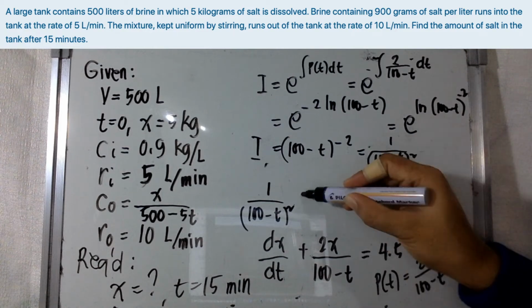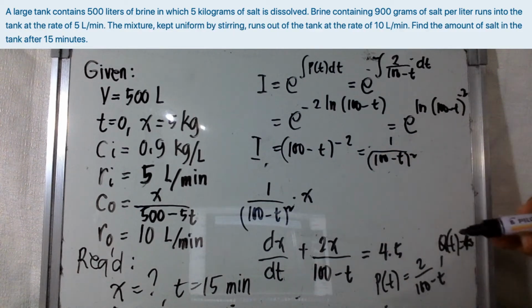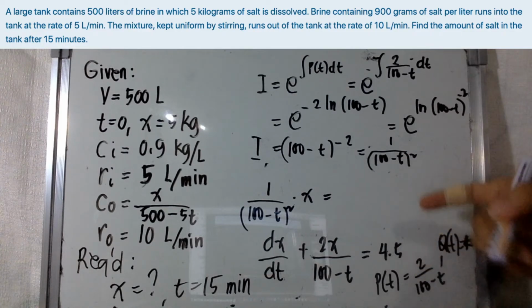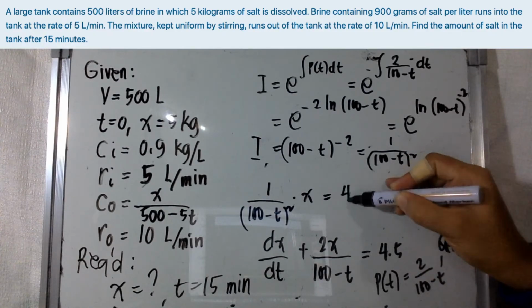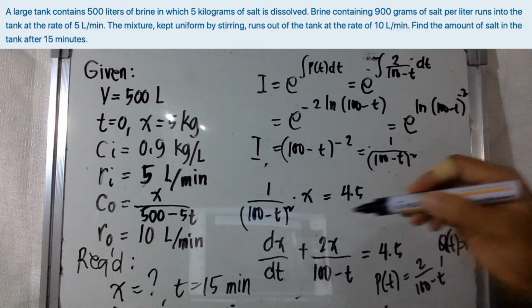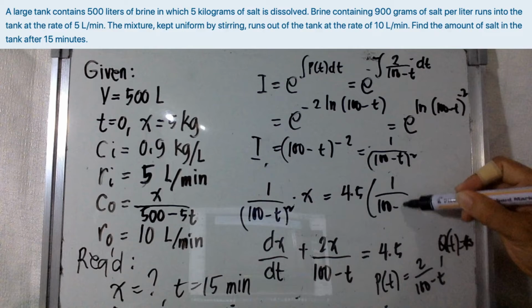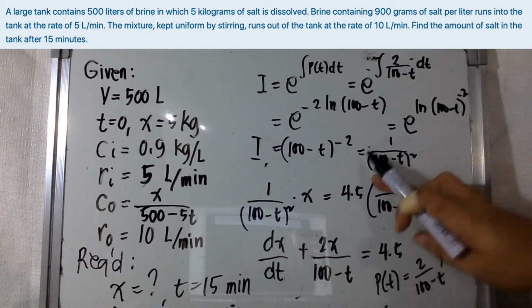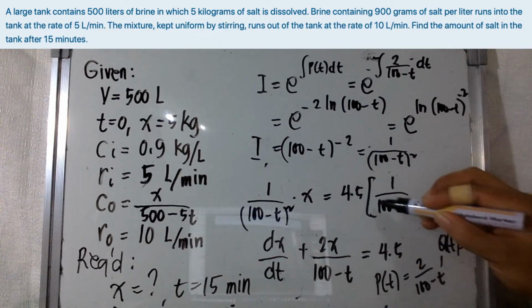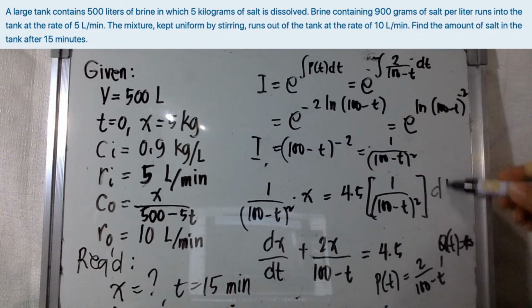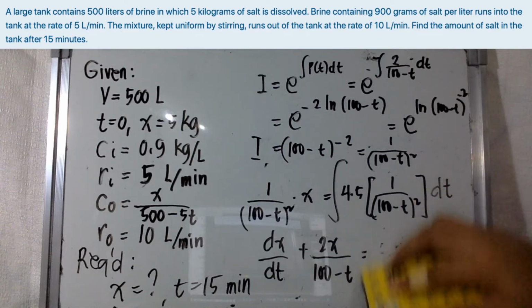In this case, x is the dependent variable, equal to the right-hand side, which is q as a function of t. This is 4.5 times the integrating factor, which is 1 over 100 minus t, squared, times dt. Of course, we integrate this one.